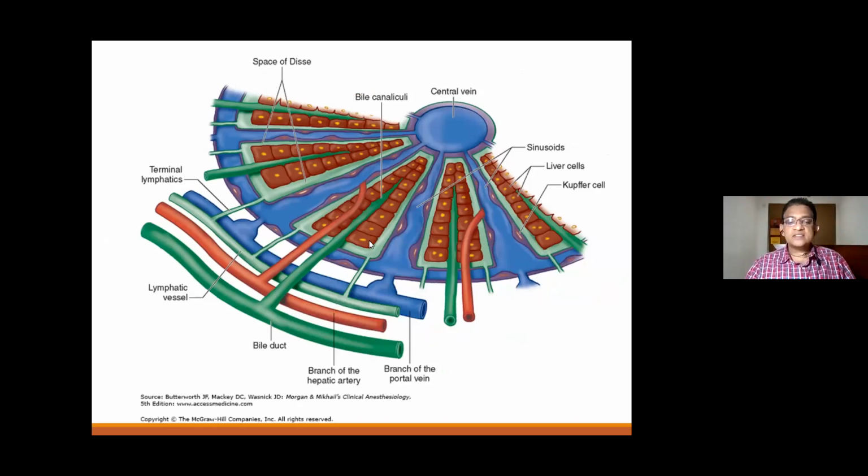So when there is some kind of damage to these hepatocytes, the enzymes inside, whether AST or ALT, alkaline phosphatase or gamma GT, are released into the bloodstream.